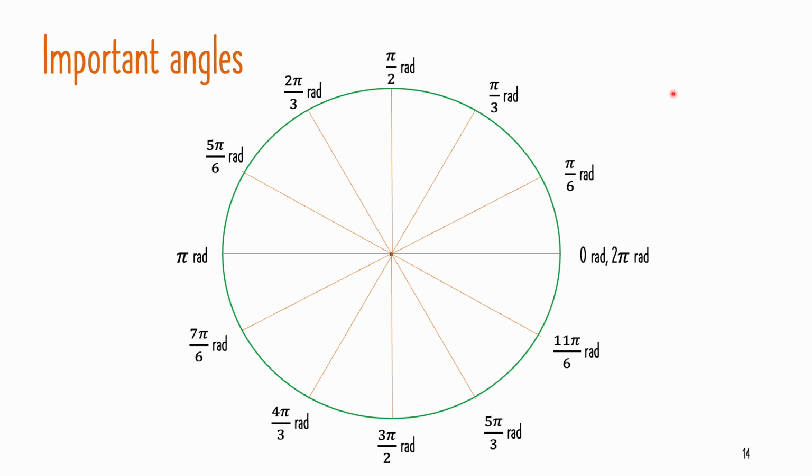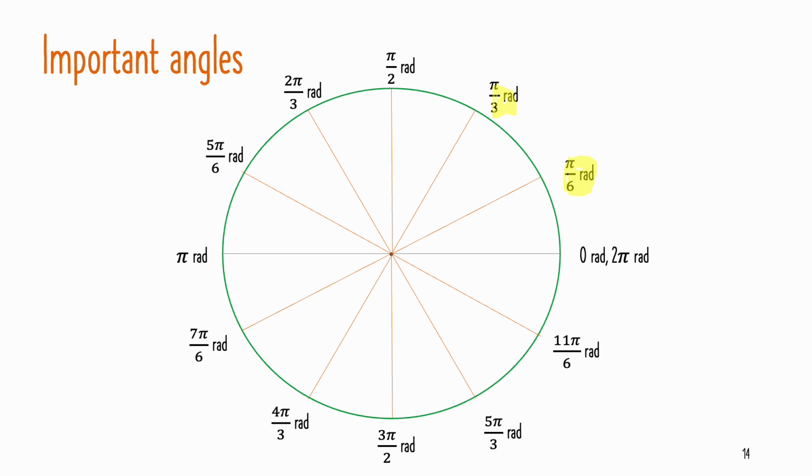Okay, now maybe these numbers seem a little odd to you, but if you think about it, we went from 0 to this one, and we know that is pi by 6 radian, right? And all you have to do is add another pi by 6 to this, you get pi by 3 radian.